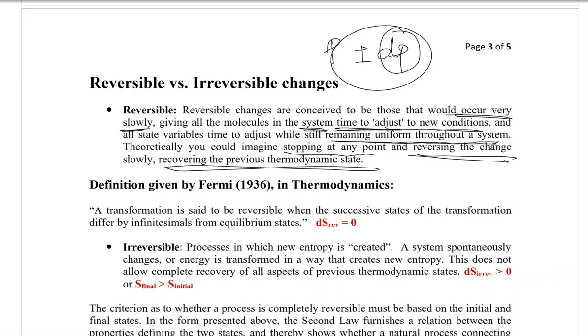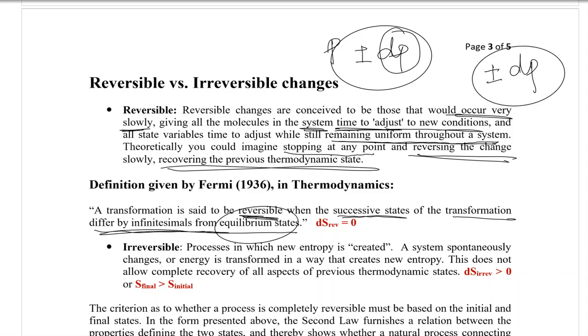By Fermi, a transformation is said to be reversible when the successive states of the transformation differ only infinitesimally from the equilibrium state. In other words, this change was so small that it differs very little from the equilibrium state. So the transformation is reversible when the successive states differ by an infinitesimal amount from the equilibrium state.